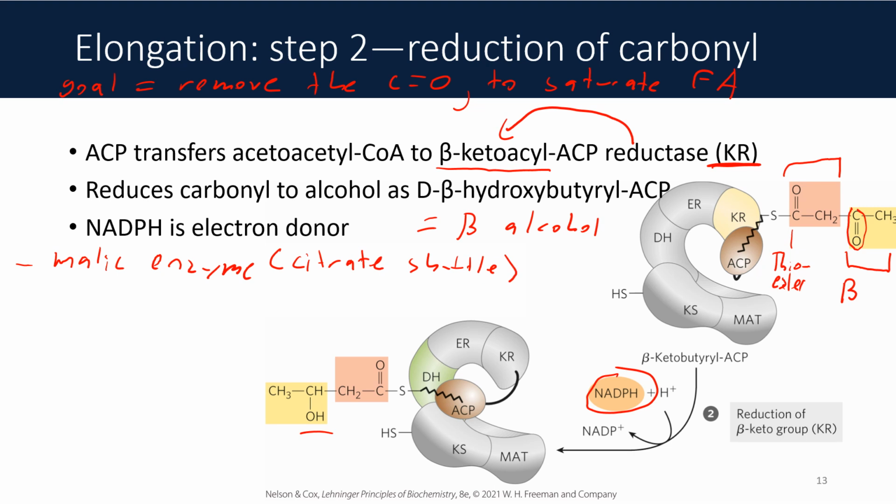That is going to provide about half of the NADPH required for the formation of these fatty acids. The other half comes from another reaction pathway that we haven't discussed called the pentose phosphate pathway, which is also really good at making NADPH.